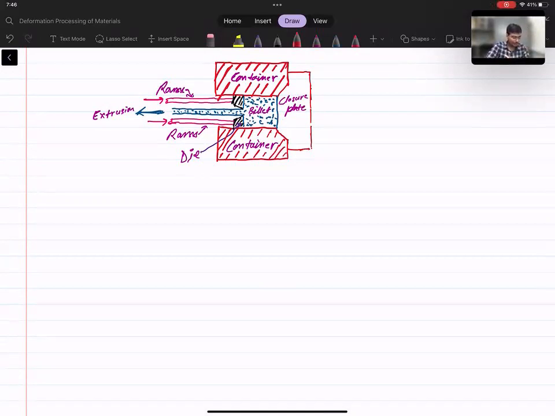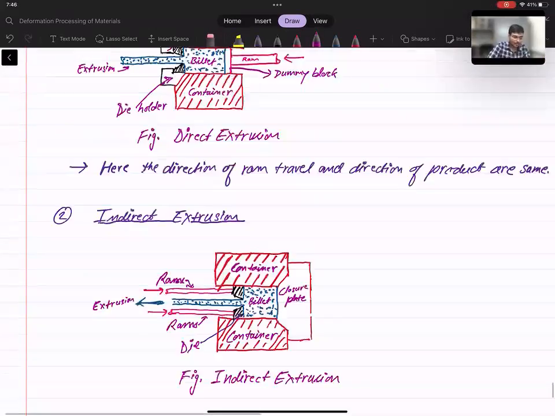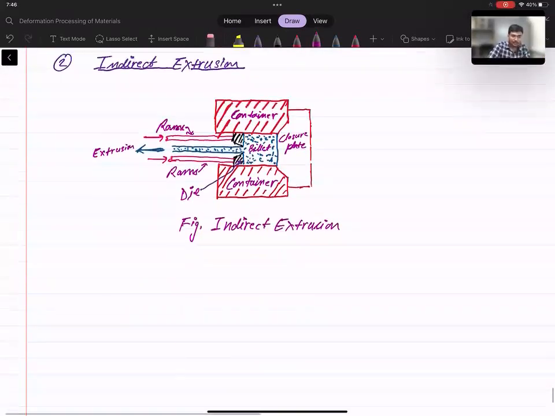So this is the schematic for the indirect extrusion process. Okay. So we have seen the direct and indirect extrusion.